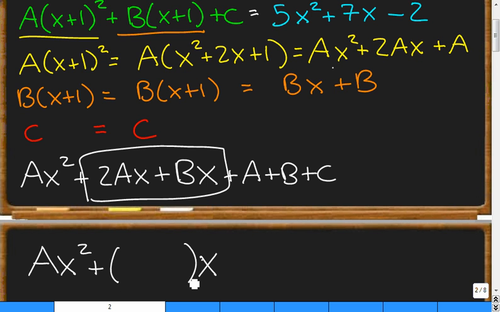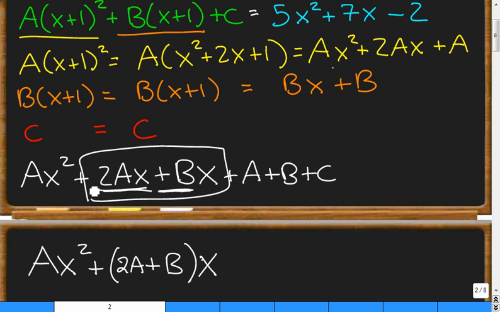How many x's do we have in this box? Well, there's 2a x's in this first term, so we have 2a, and then we have b here. If we take the x away from both of those, you can see that we have 2a plus b x's.